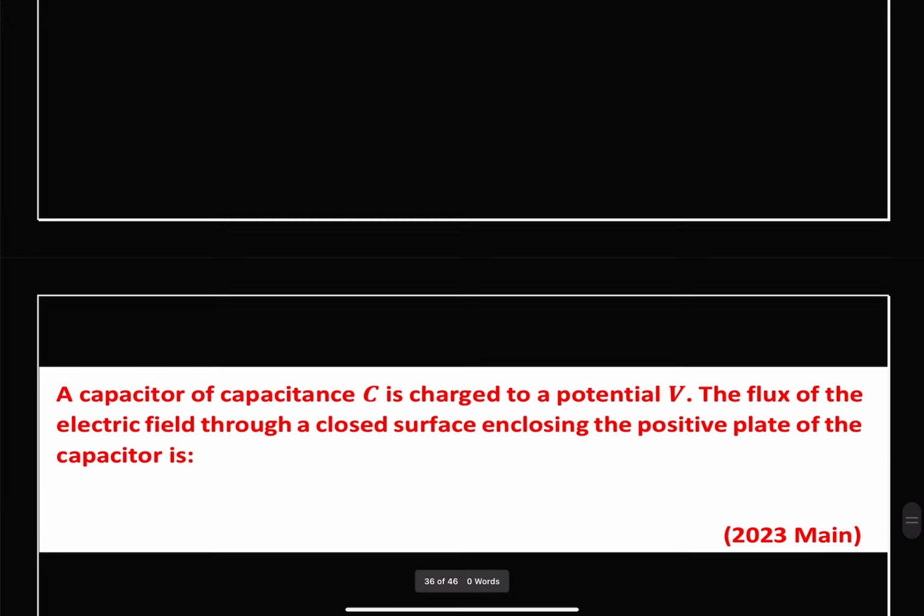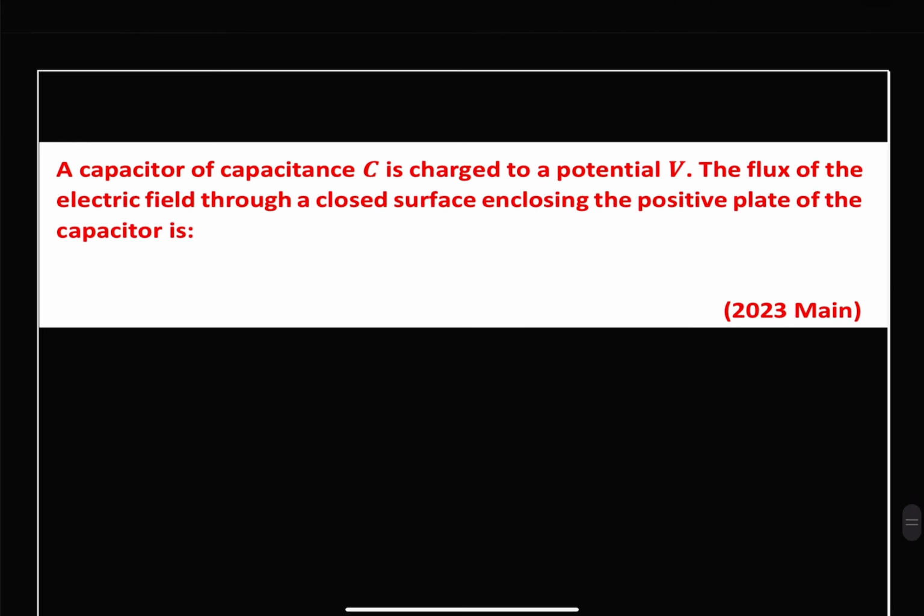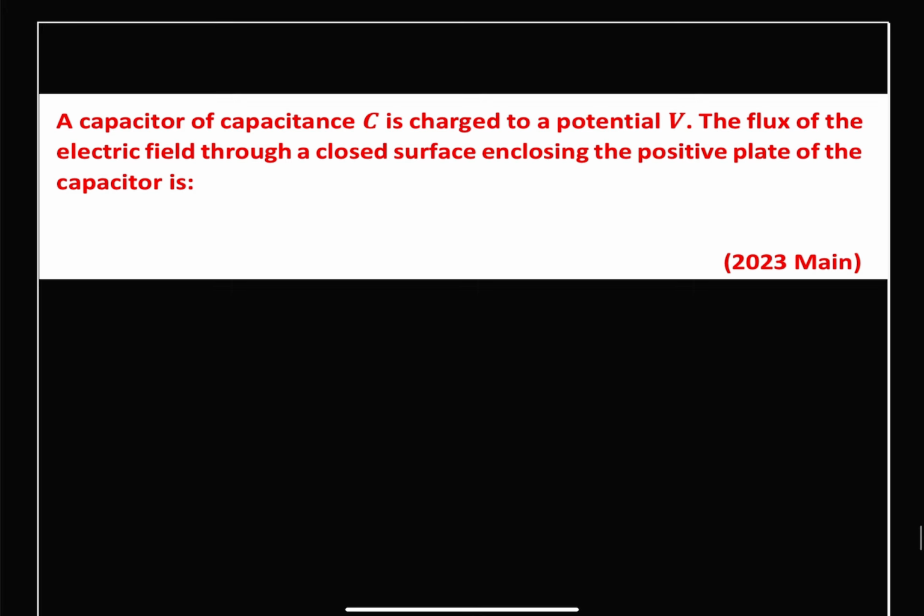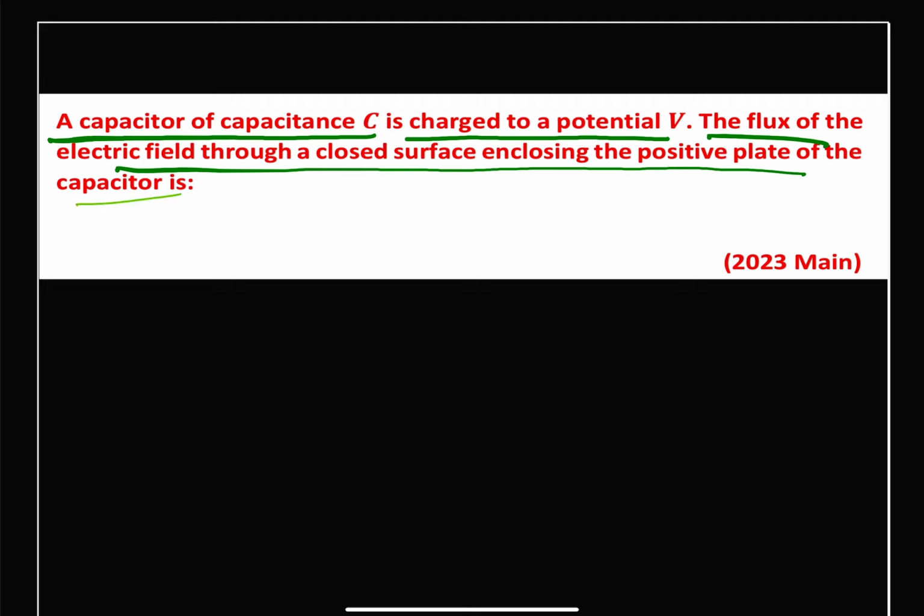Next question. We are given that a capacitor of capacitance C is charged to a potential V. The flux of the electric field through a closed surface enclosing the positive plate of the capacitor is. So let us draw a capacitor.